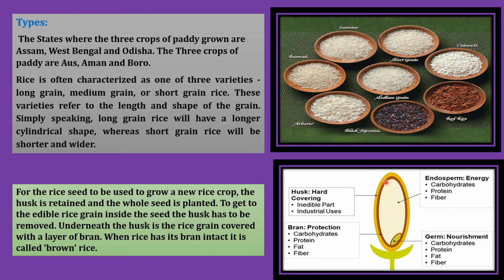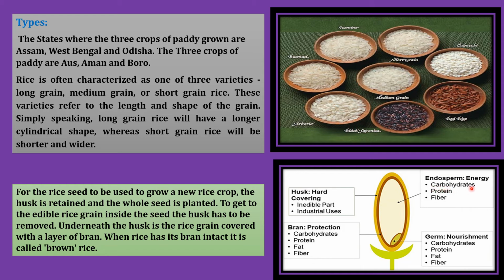Now the next one, dark brown color. This one is bran. The function of this bran is protection of the seed. It is used as carbohydrates, protein, fat and fiber. And the next, the inner white color portion, is endosperm. It provides energy.